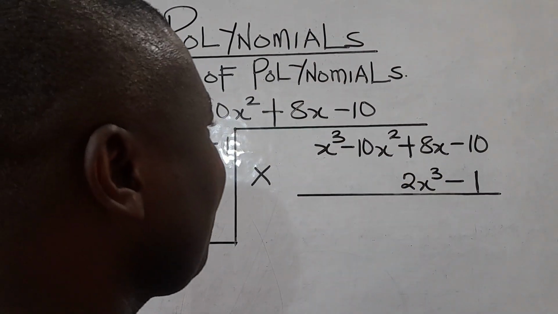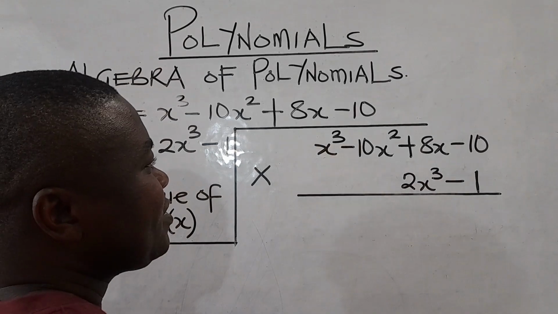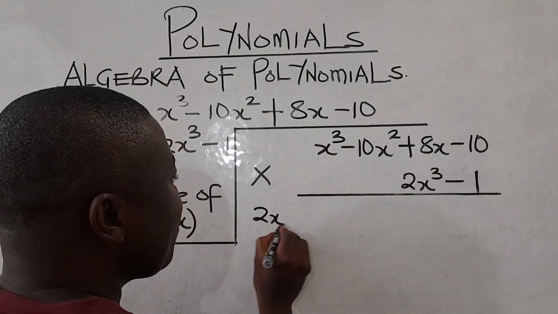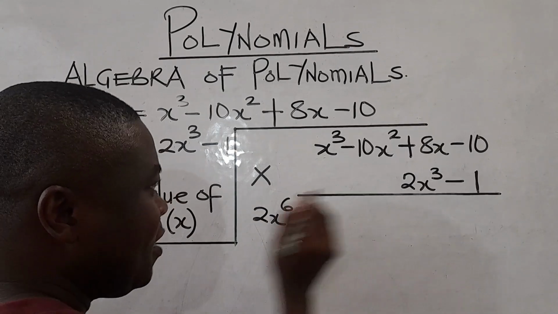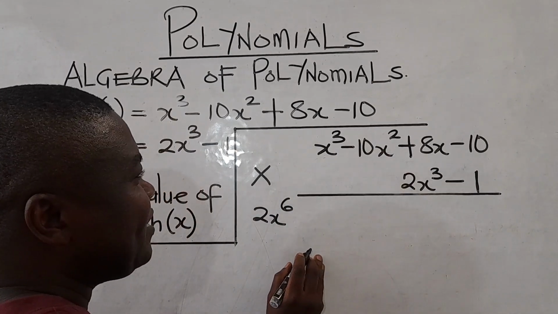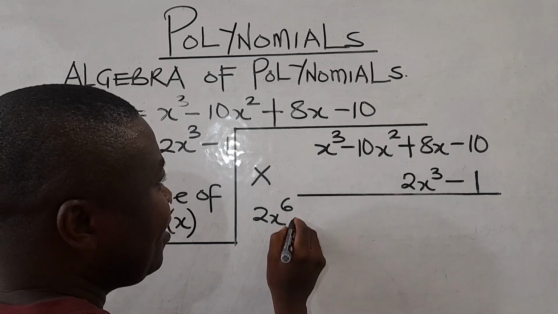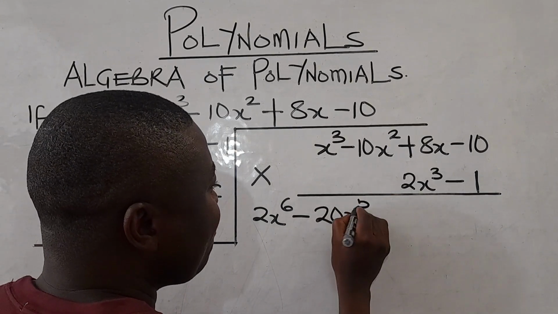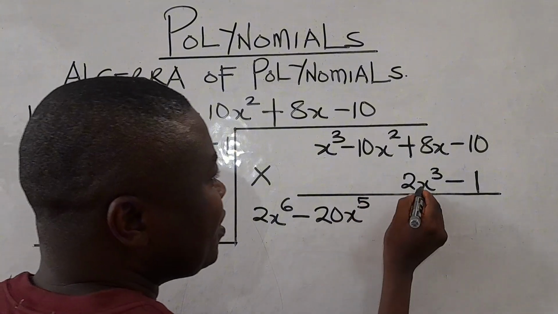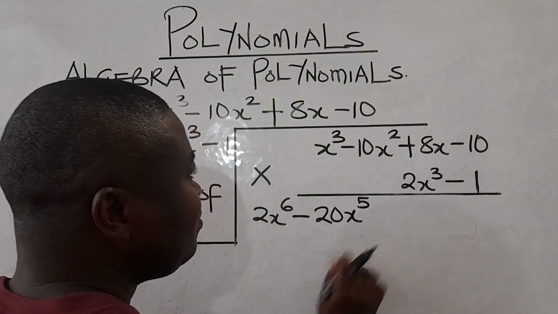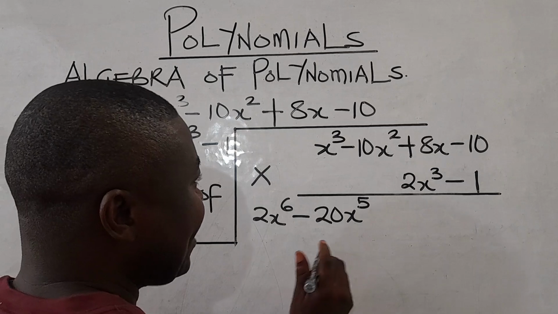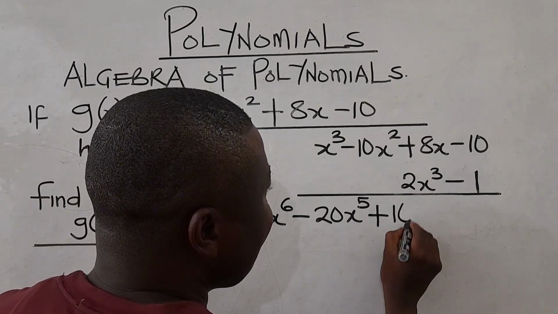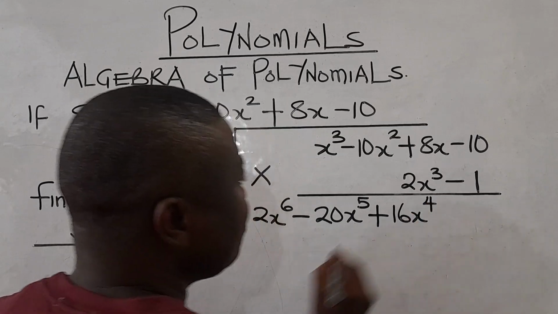Let's start with this. 2x cubed times x cubed is 2x to the power 6. 2x cubed multiplied by negative 10x squared will give us negative 20x to the power 5. 2x cubed times 8x gives plus 16x to the power 4.